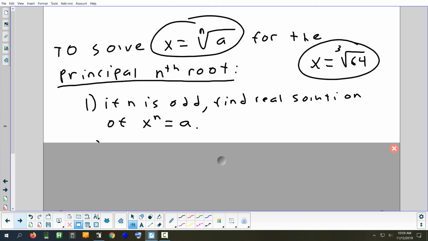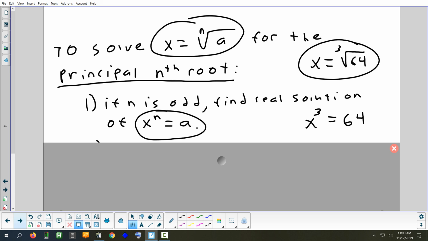Yep, 3. What's a? 64. So let's rewrite it like this, and watch what happens. x to the, you guys told me n was 3, and you told me a was 64. That's how I would explain to someone in Algebra 1 what a cube root means.